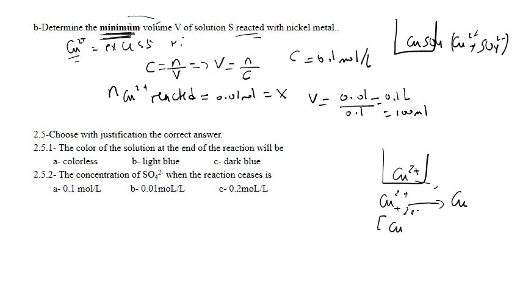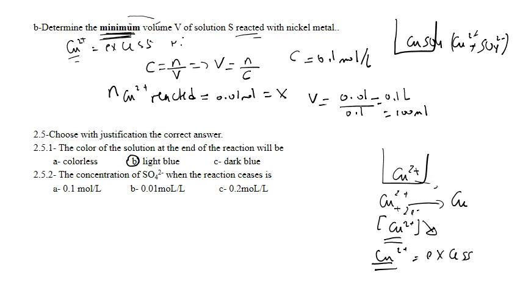So the concentration of Cu2+ decreases with time, so the blue color will fade. It will become light blue. It is not colorless since Cu2+ is in excess. If Cu2+ were consumed totally, if it were the limiting one, we should choose the colorless answer.